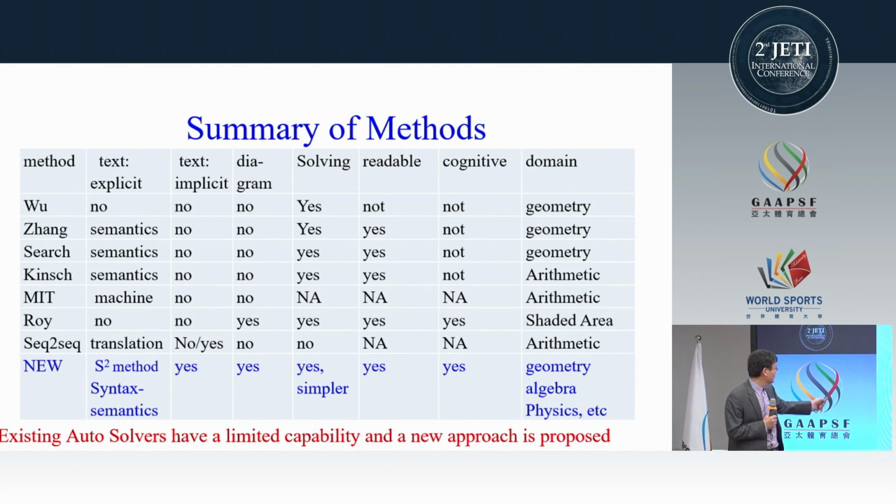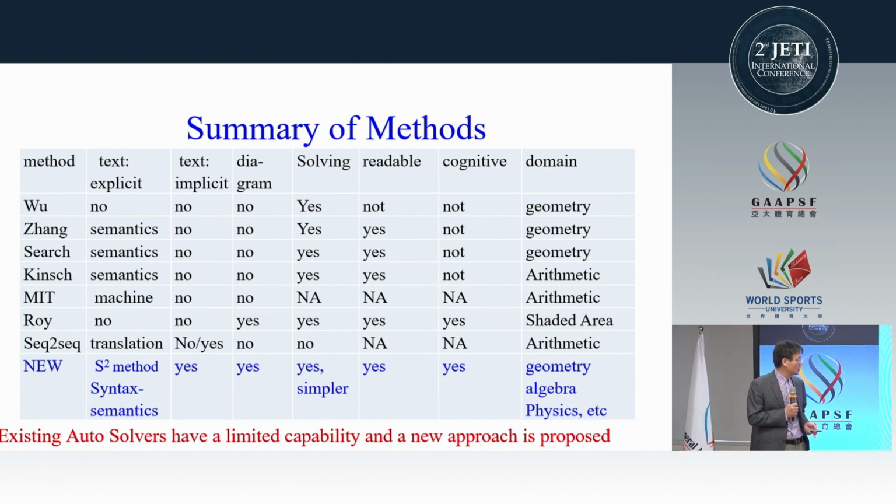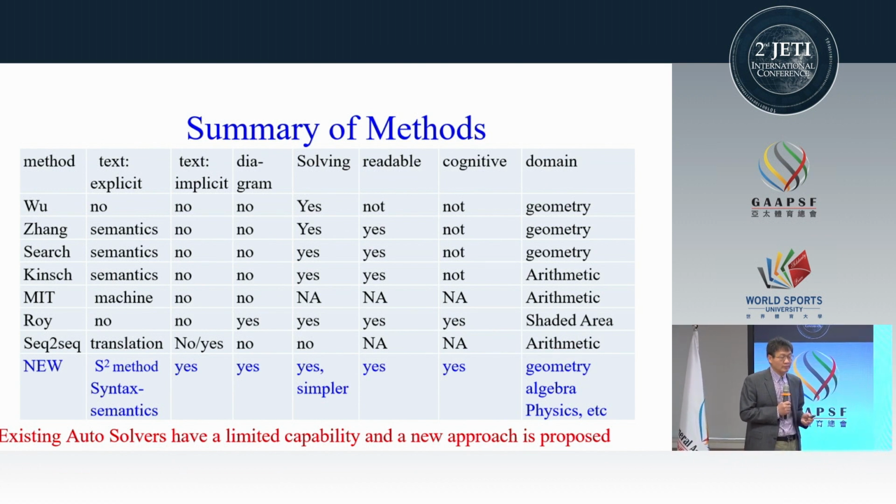So all the previous methods, okay, have some deficiency. One very obvious problem is they do not emphasize the implicit condition. When students solve problems, they use some of the conditions provided by the problem. This is one aspect. When we want to solve some problems, we also need to get some implicit conditions.